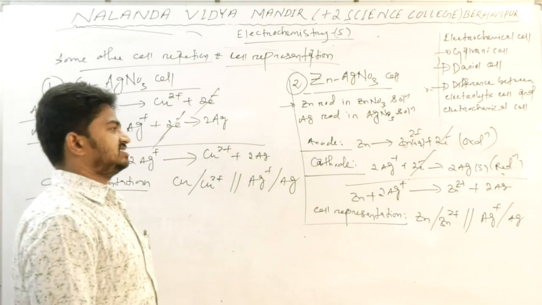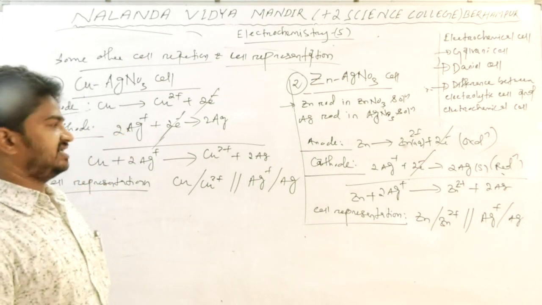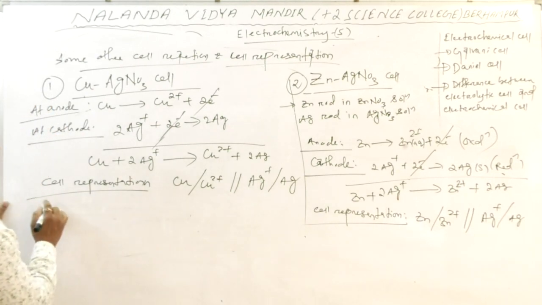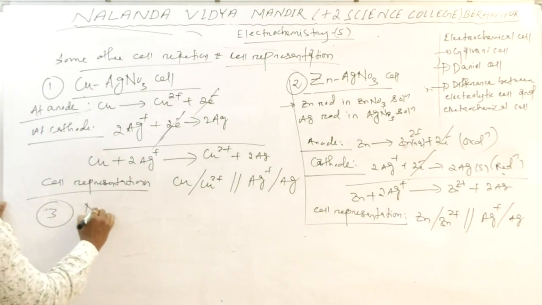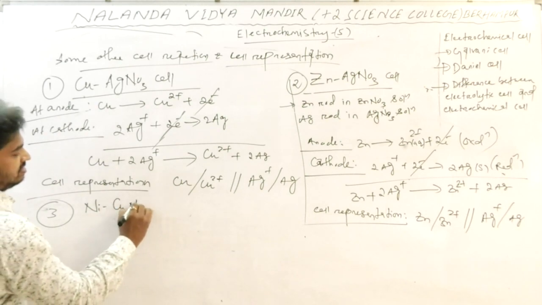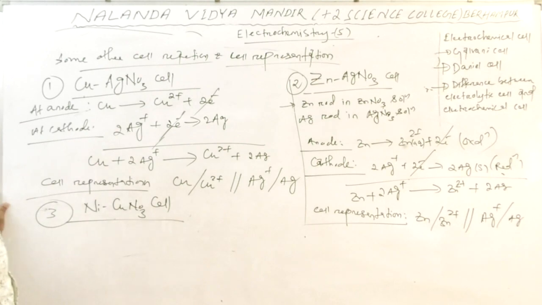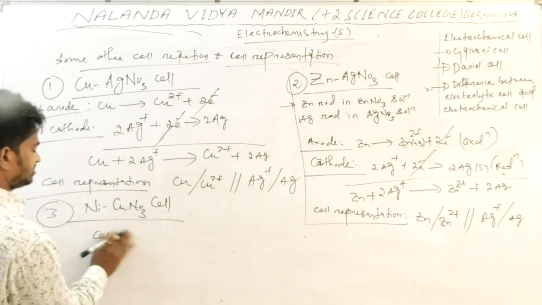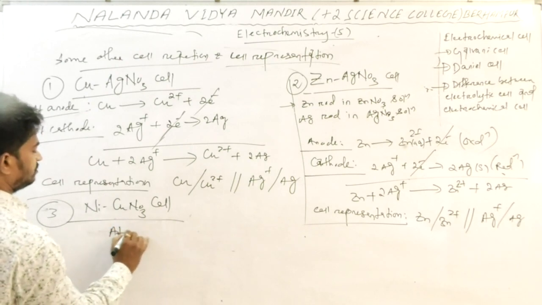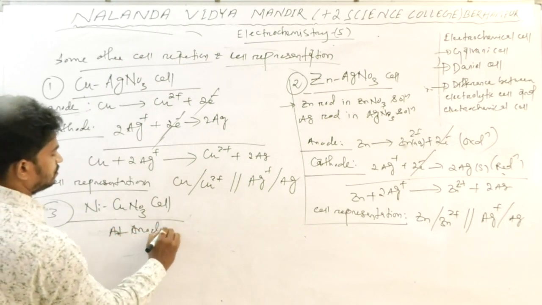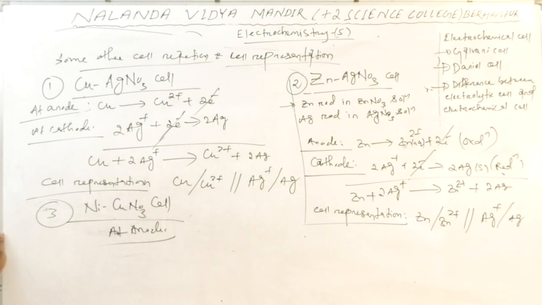Another cell, that is the nickel copper nitrate cell. So now tell me, what will be the cell representation? At the anode, which one will be the anode?